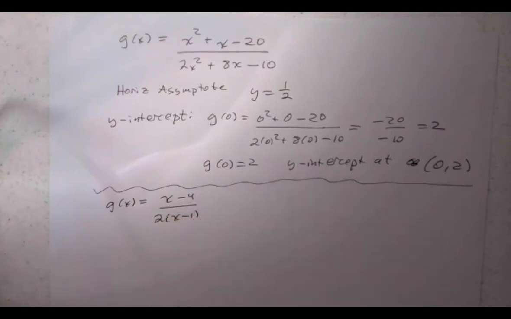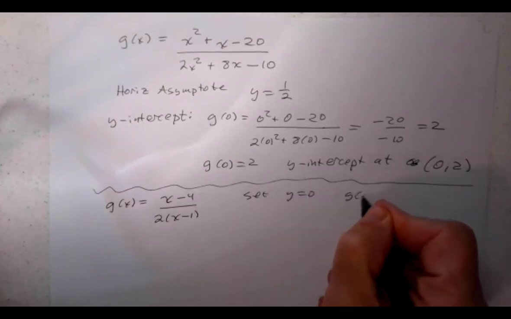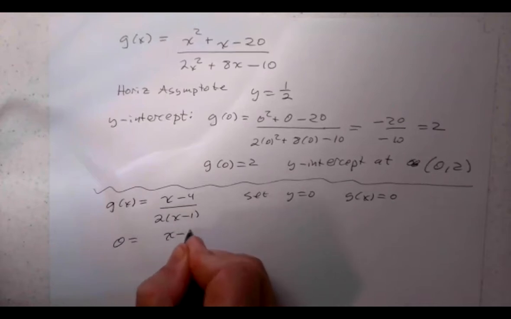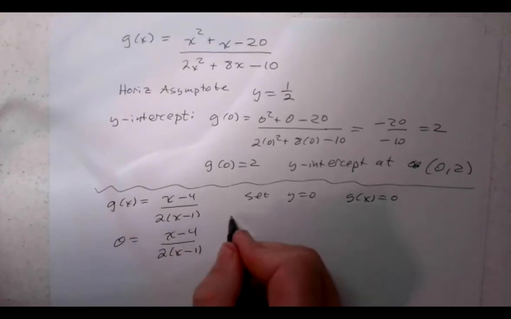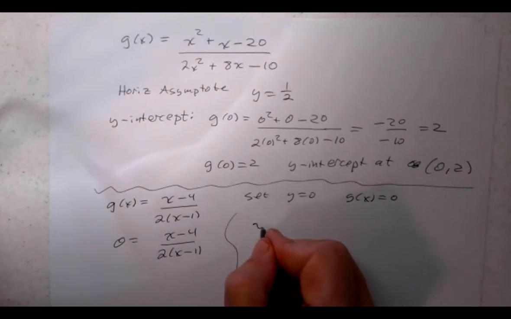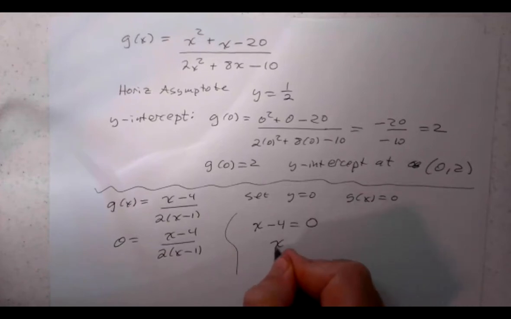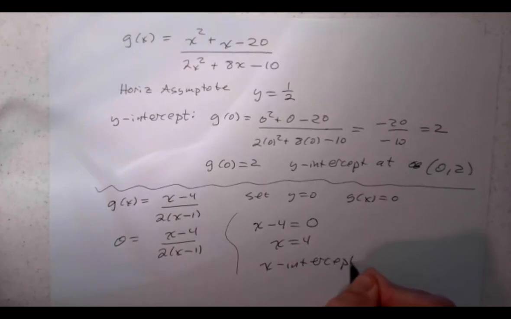To find the x-intercepts, you set y equal to 0, which is the same thing as setting g of x equal to 0. So we get 0 equals x minus 4 over 2 times x minus 1. When is the fraction equal to 0? A fraction is equal to 0 if the top is equal to 0. When is x minus 4 equal to 0? When x equals 4. So I believe I have an x-intercept when x is 4 and y is 0.